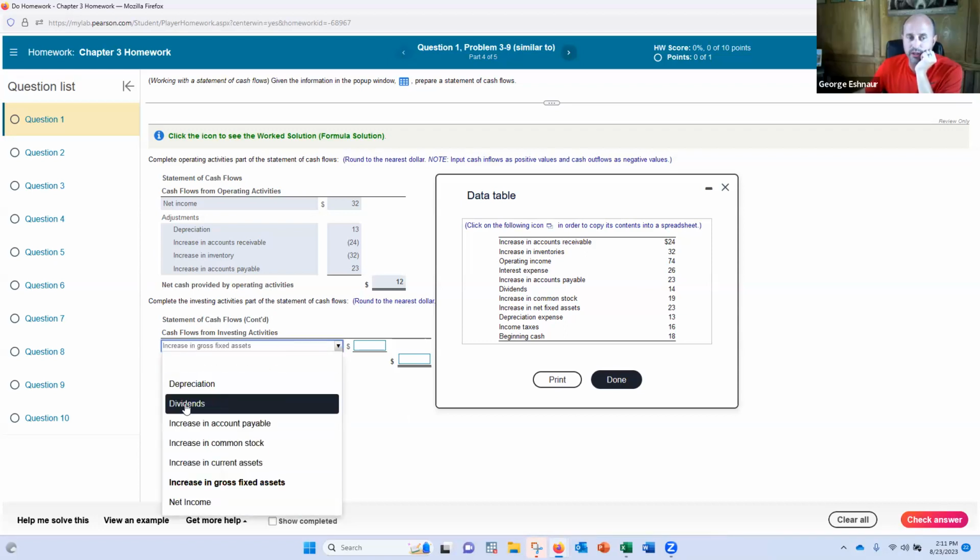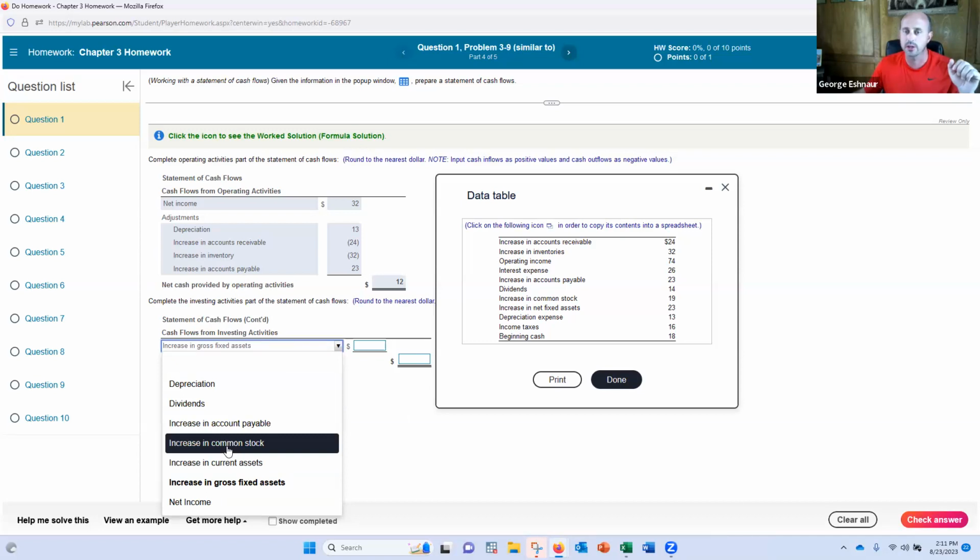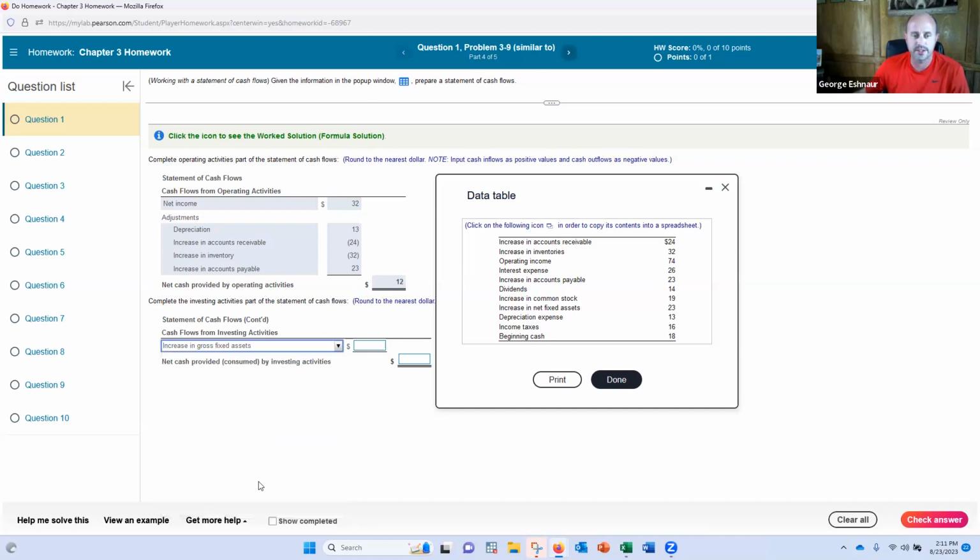And the other two are related to financing activities. So dividends and common stock are our financing activities, attached to common equity and dividends. So this one is increase in gross fixed assets, and that means we probably bought some equipment or a plant or building or something like that.